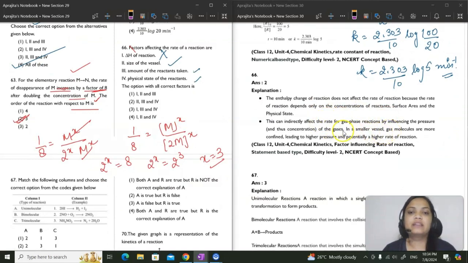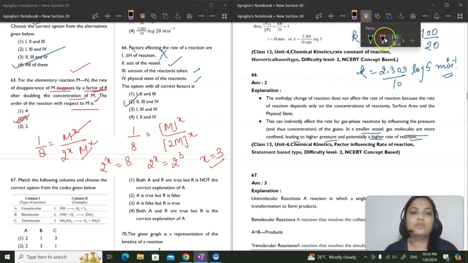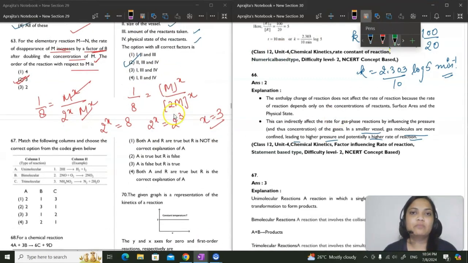Like in the case of gases, in a smaller vessel, gas molecules are more confined, so there will be more pressure and higher rate of reaction. So the vessel will indirectly affect the rate of gas phase reactions by influencing the pressure. So 2, 3, 4 will be correct, and the answer is going to be option number 2. Okay, let's move on to question number 67.